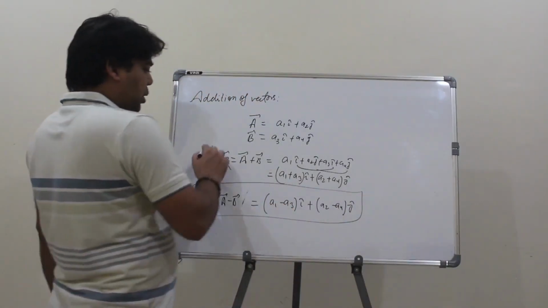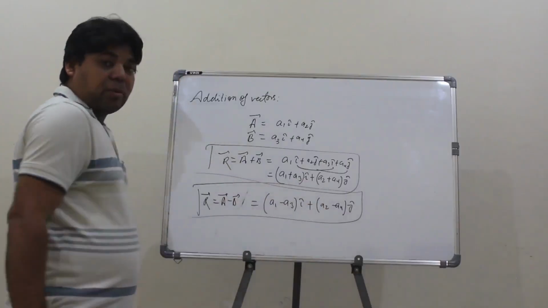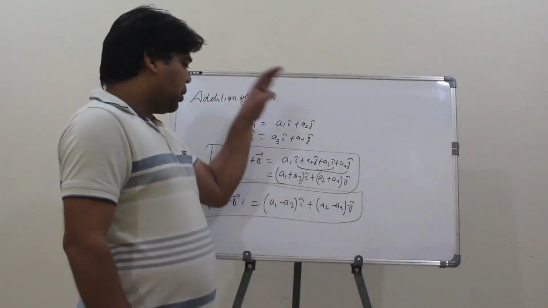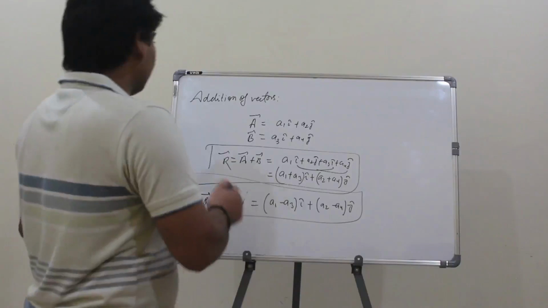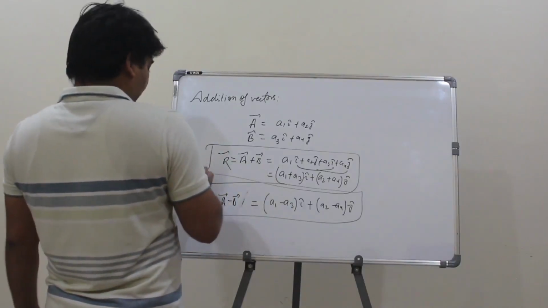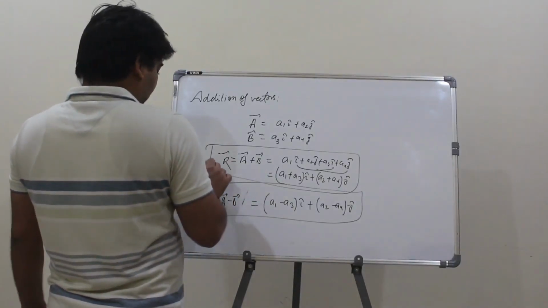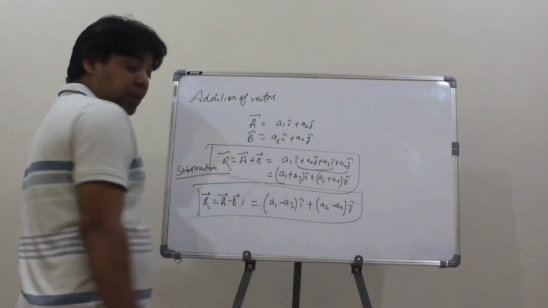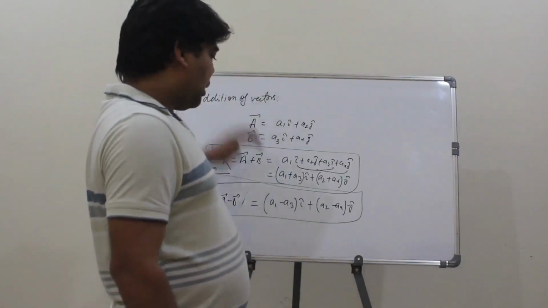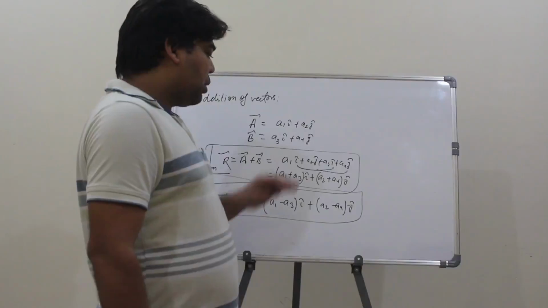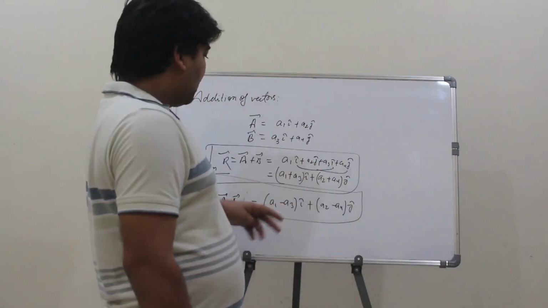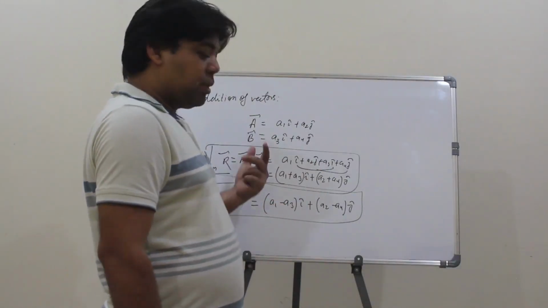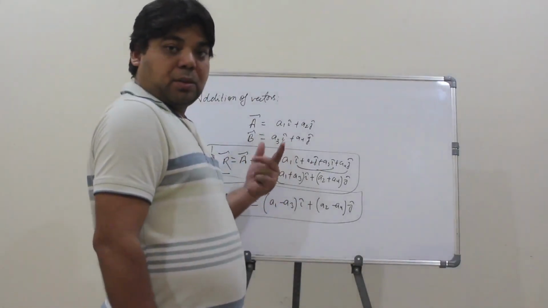So these are some of the laws which everyone should remember: how addition and subtraction of vectors work. These are some simple things. Now we will come up with more results in the next lecture.